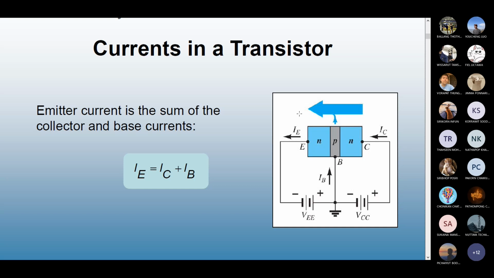In the equation IE equals IC plus IB, IC is in milliamps and IB is in microamps. If you do not add the microamps to the milliamps, you still get approximately the same answer. That's why sometimes we can say IE approximately equals IC, but please remember the equation.